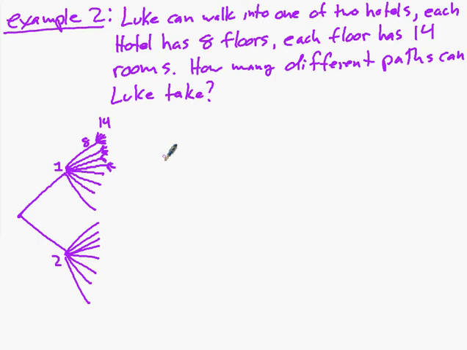So total possible paths, or outcomes, I'll generalize. All right, now this is not repetitive because each event has different numbers of outcomes. So this is just going to be the product of all the outcomes.